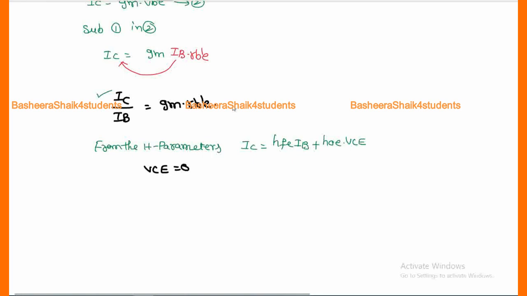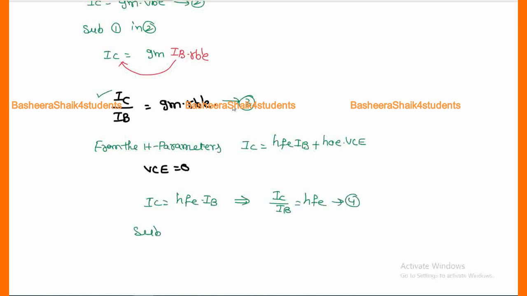Then IC equal to hfe IB, which means IC by IB is equal to hfe. Number it as equation 4.